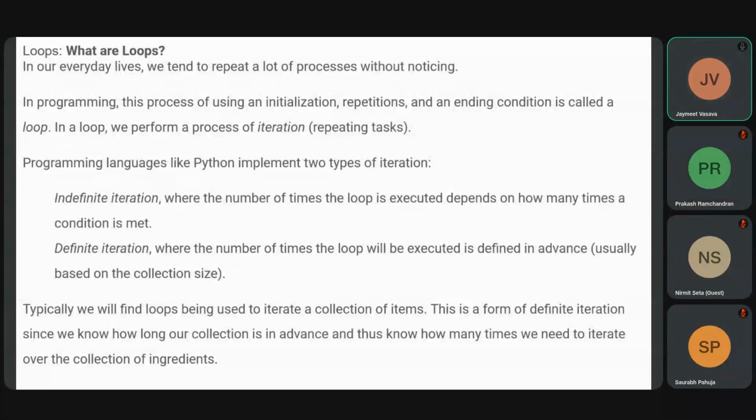Typically, we find these loops being used to iterate over a collection of items. This is a form of definite iteration, since we know how long our collection is in advance, and thus know how many times we need to iterate over the collection of ingredients.